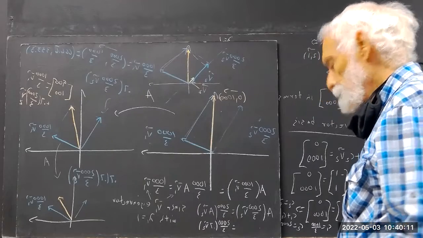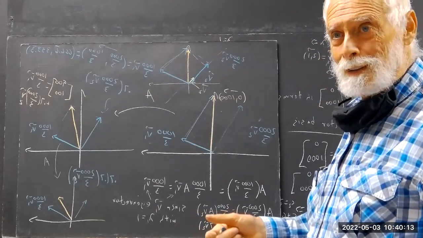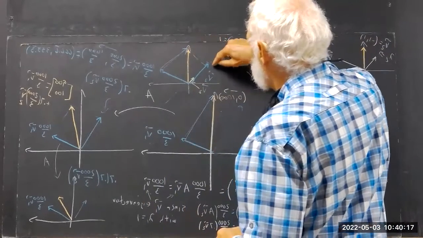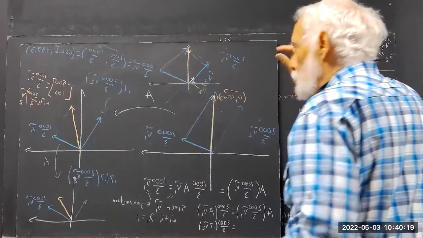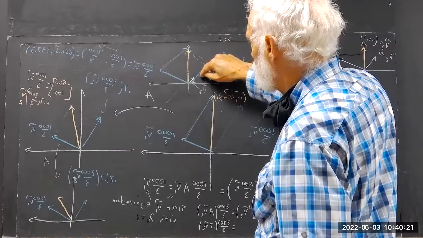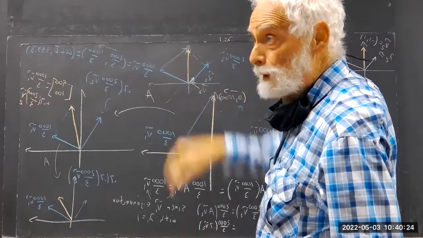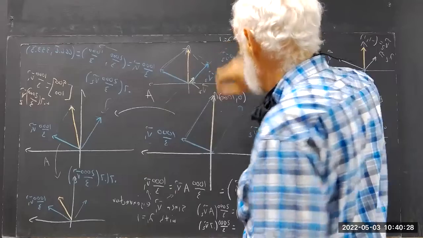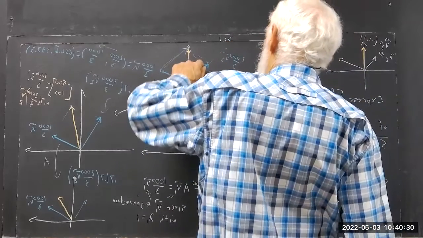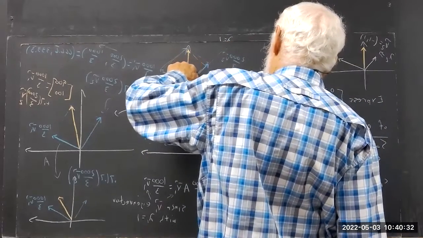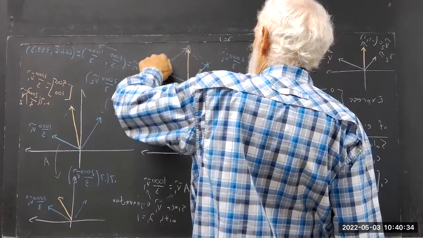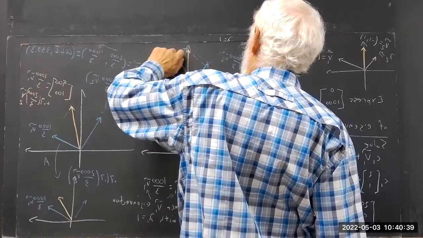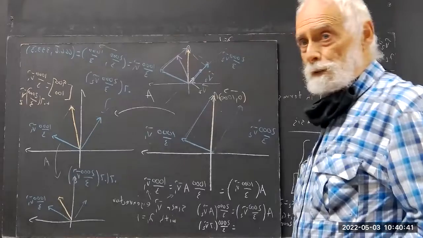I need to get a big barrel full of colored chalk, so I never fail to find what I'm looking for. Okay. This vector, when you transform it, keeps getting shorter and shorter. This vector stays the same, because they're eigenvectors with the eigenvalues 1 and 0.7. So this vector keeps shrinking. It goes down to 70%. So when I add 70% of this vector up here, I get this.